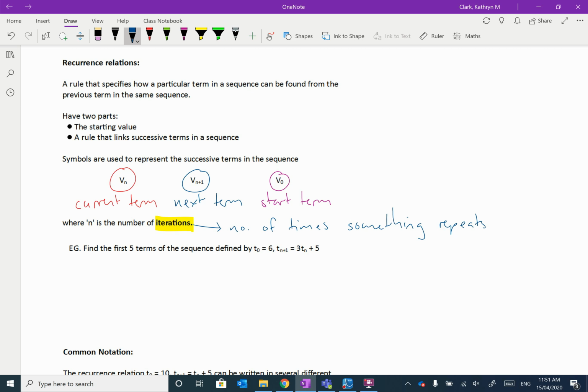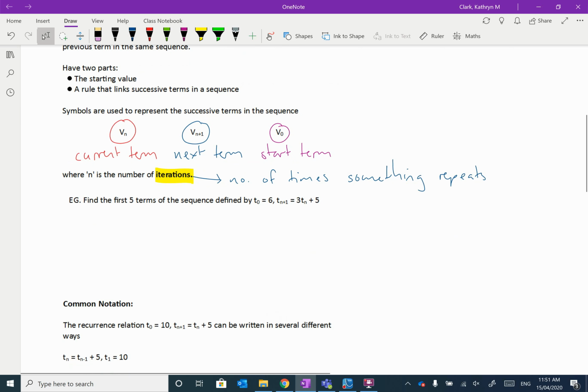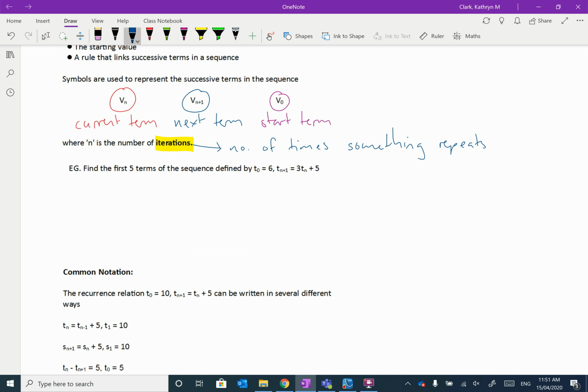So if we now find the first 5 terms of the sequence defined by t0 equals 6, t(n+1) equals 3tn plus 5, t0 is our first term, t(n+1) is the next term, and tn is our current term. So we're going to start with 6.